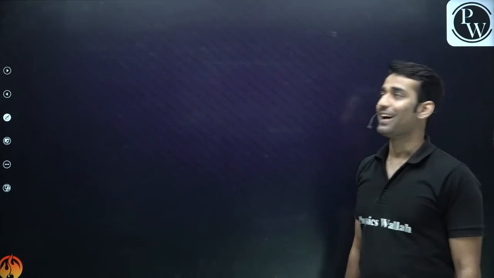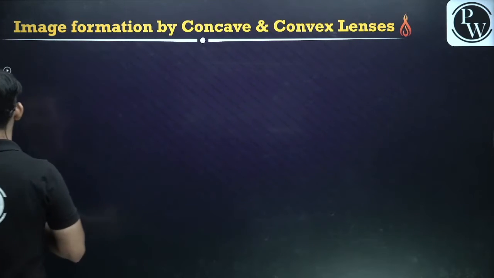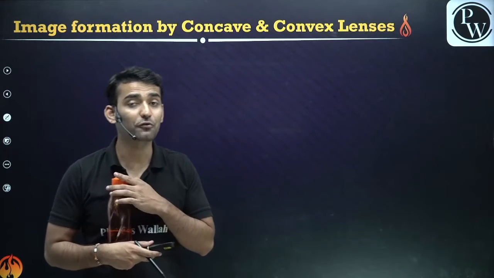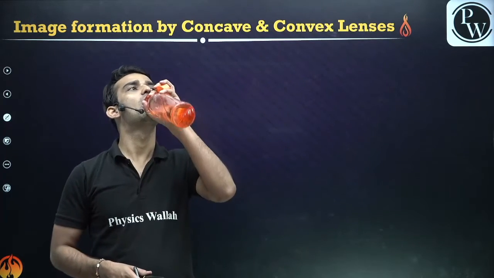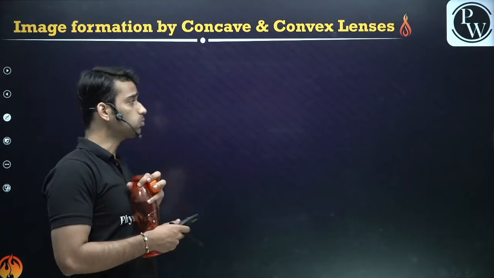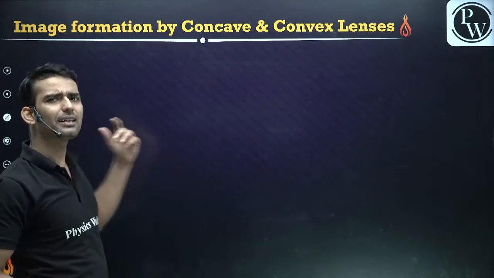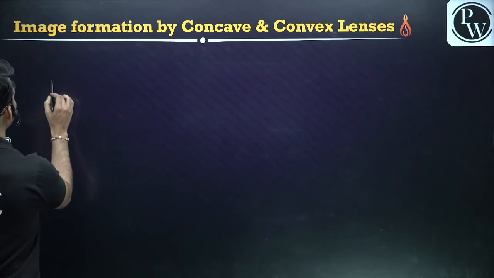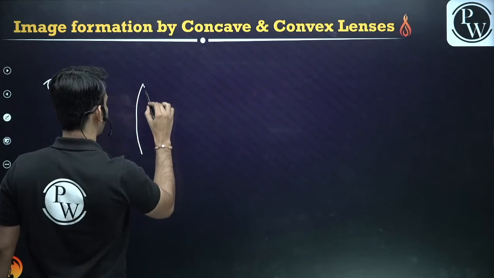Now ray diagram formation, a very important part: how images are formed by convex lenses or by concave lenses. Like we had done in mirrors, we have it in lenses also. First is the convex lens.